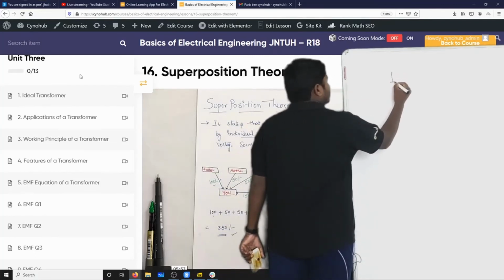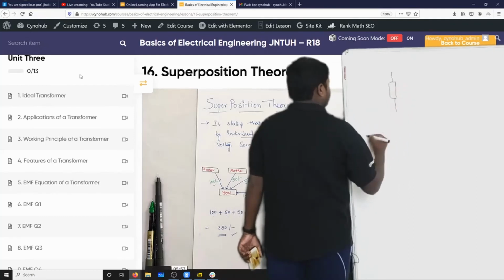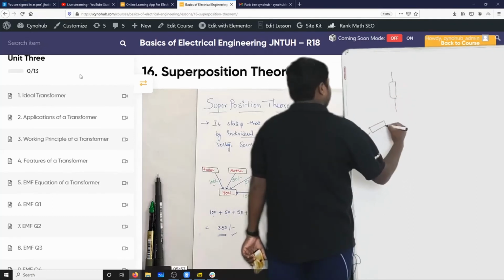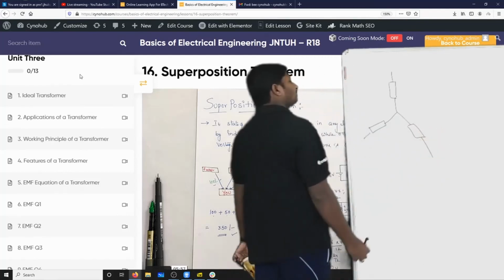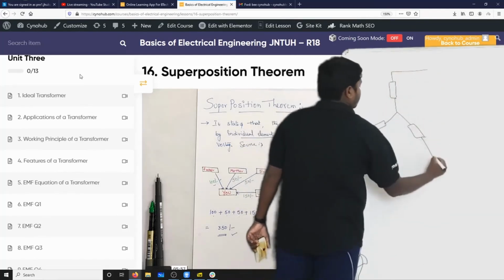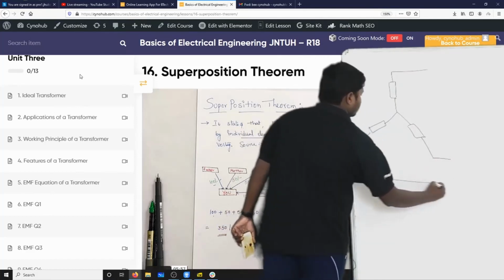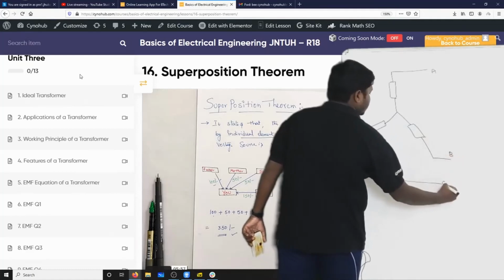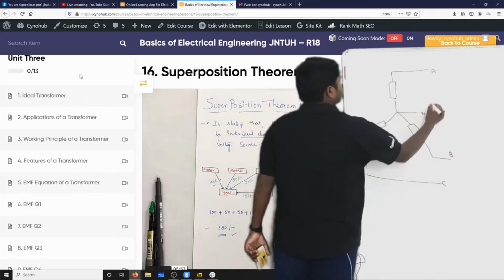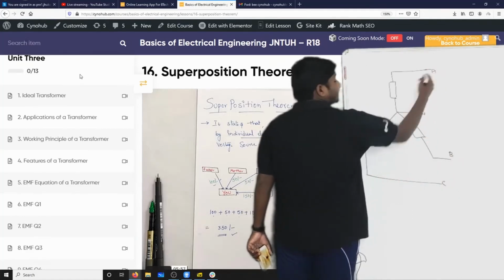Star connection is like this. I will take it as A, B, and C, and neutral, and I will take A as a line.